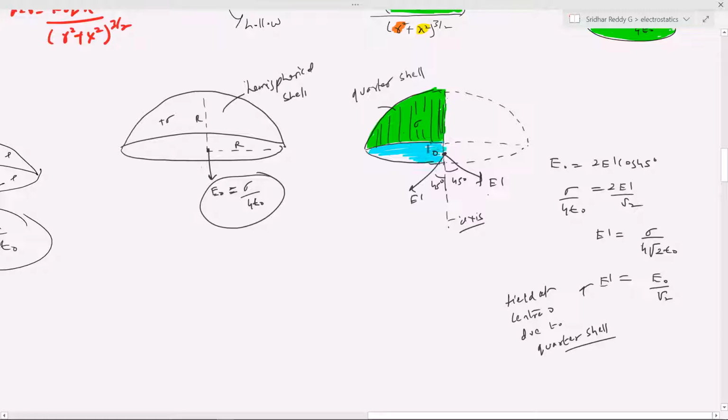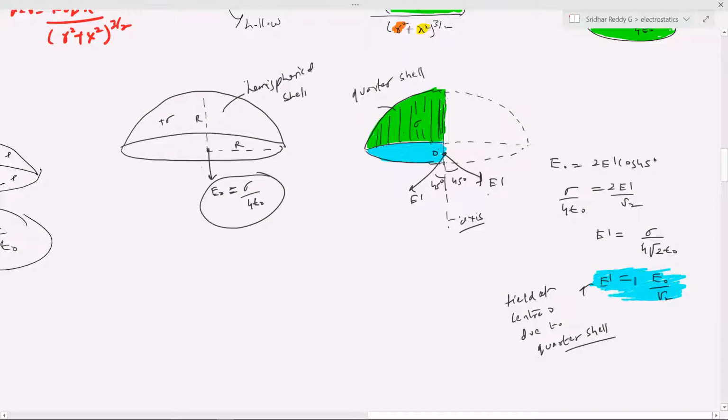I don't have a diagram more than this. So the field only due to quarter shell is given by this particular formula, E naught by root 2. Not E naught by 2. It should be E naught by root 2.